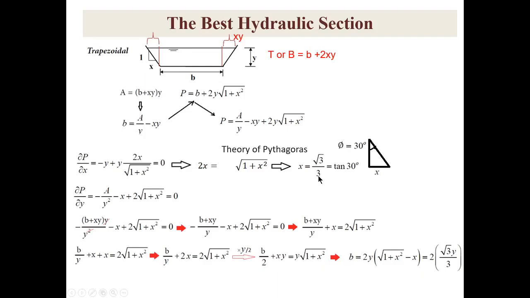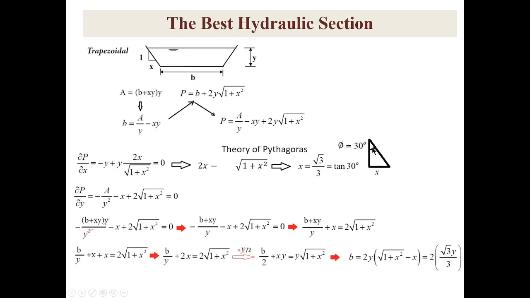Okay, let me ask you, for which angle does the tangent of the angle equal root of 3 over 3? Yes, you are right. The angle should be 30 degrees. Okay, so we know that theta is 30 degrees.